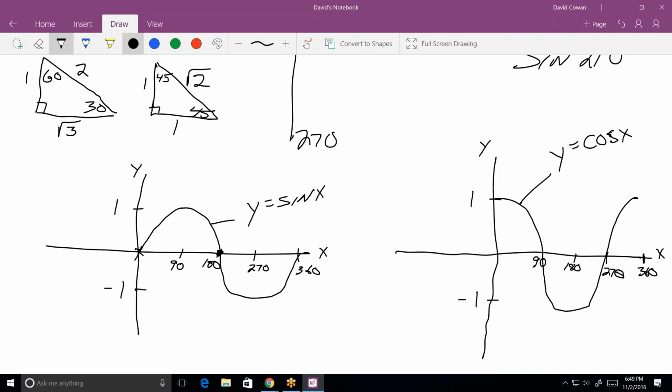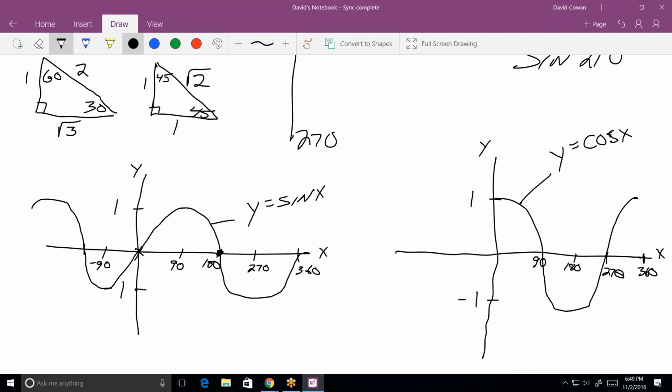Now I'm going to continue this in the other direction because of course it repeats. What is the sine of minus 90 degrees? Would I add 360 or would I add 180? Read it from the chart.